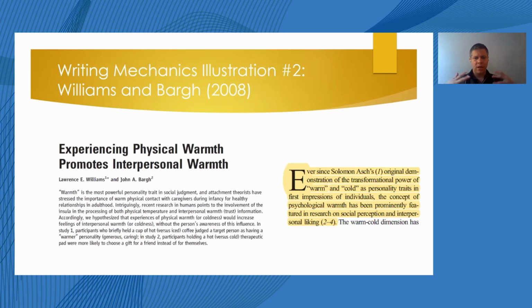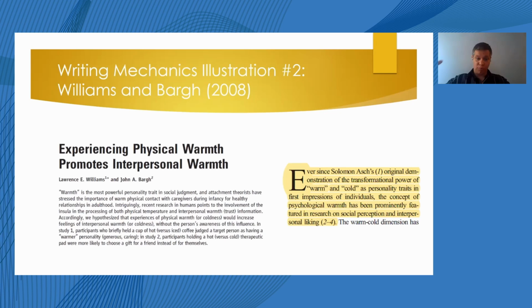The paper starts out by immediately bringing the audience back in the history of psychology to Asch's work on warm and cold personality traits. So already the audience is going to go back several decades, maybe several decades before a lot of the work that they currently consume. We're covering a lot of ground here.